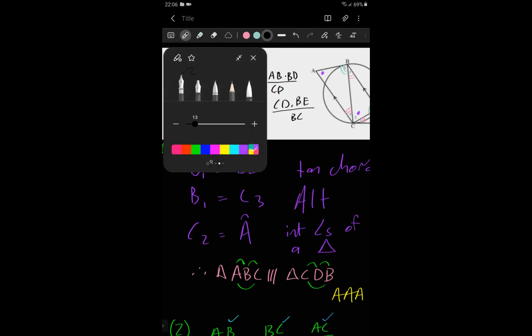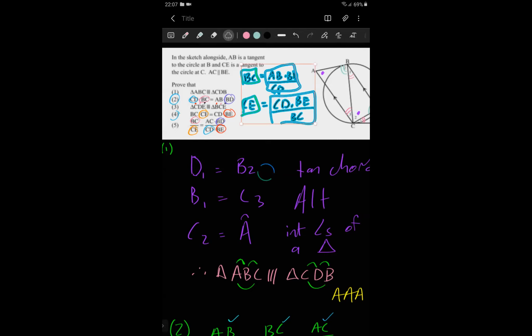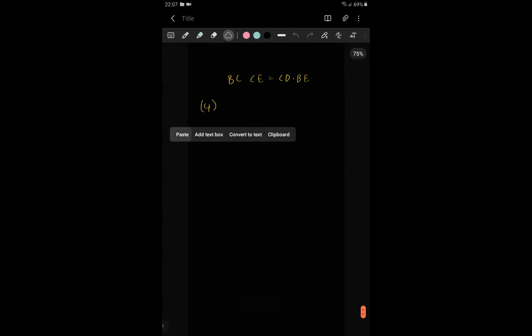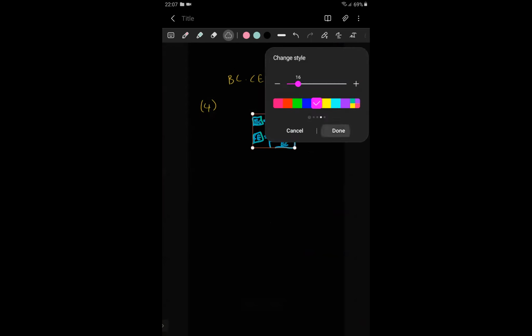Now, if you write BC over CE, it would be this thing here divided by this thing here. That's gonna be interesting. So let's take this whole thing and copy it. Take it down. Change style to pink.